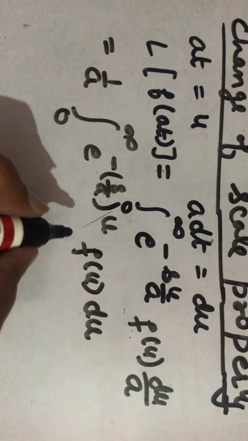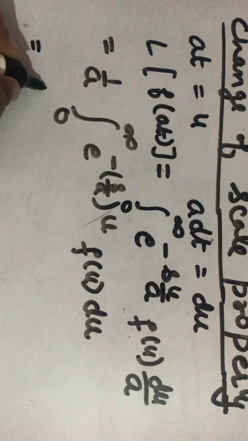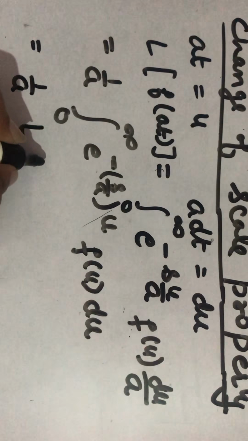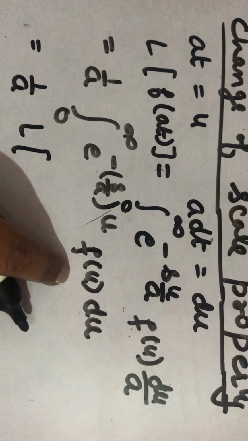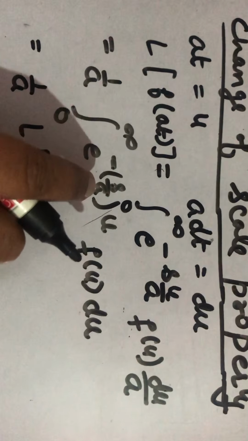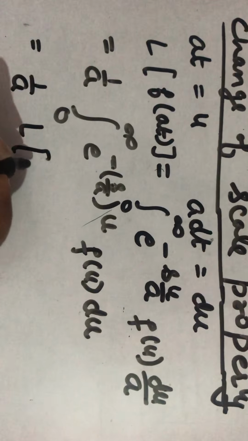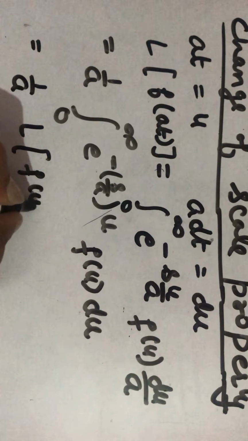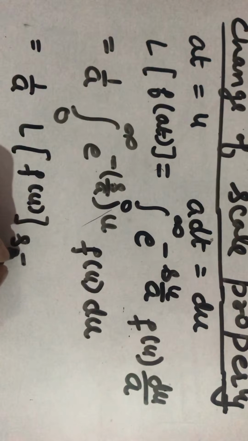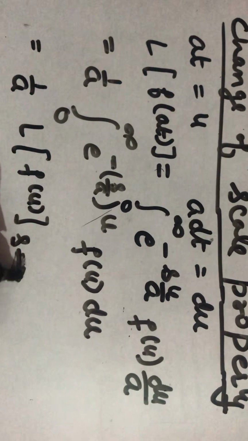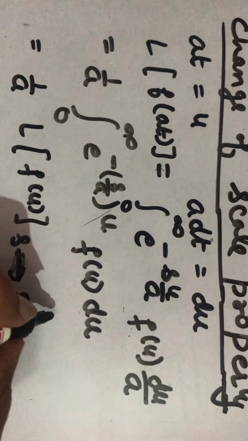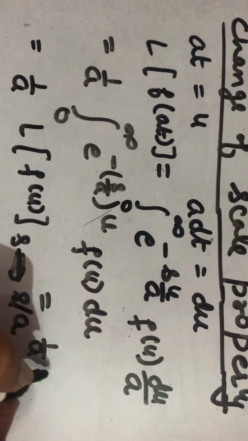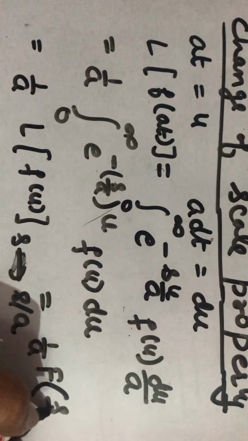This is nothing but 1 by a Laplace transform of f(u), and s is replaced by s by a. It means we take Laplace of f(u) when s is replaced by s by a. So we will write it as 1 by a F(s by a).